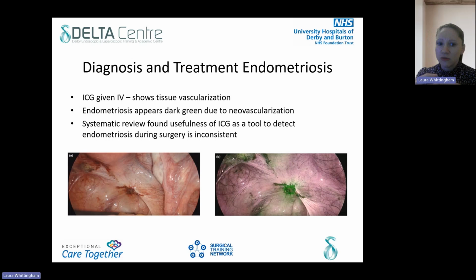A systematic review looking at the use of ICG to detect endometriosis suggested the results at the moment are very inconsistent. And looking at the images on the bottom of the slide here, you can see with the naked eye, you can pick out the endometrial tissue reasonably clearly compared to the ICG enhanced image on the right, sorry.